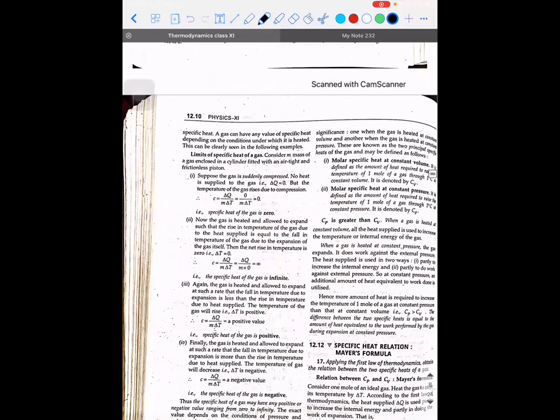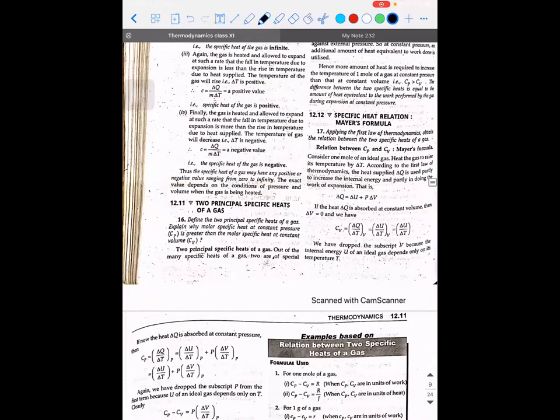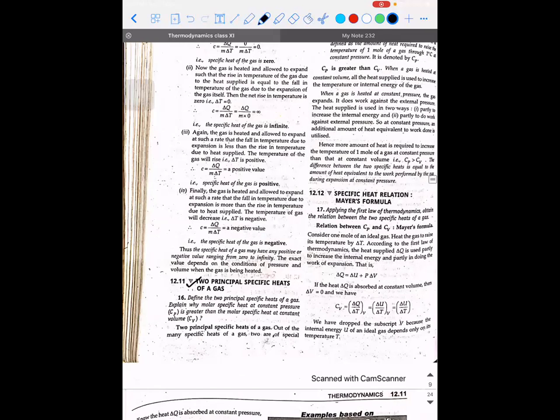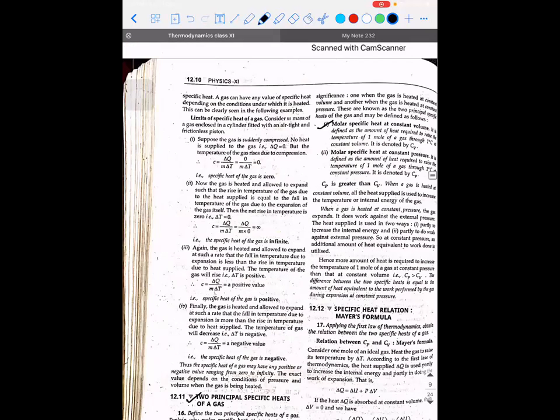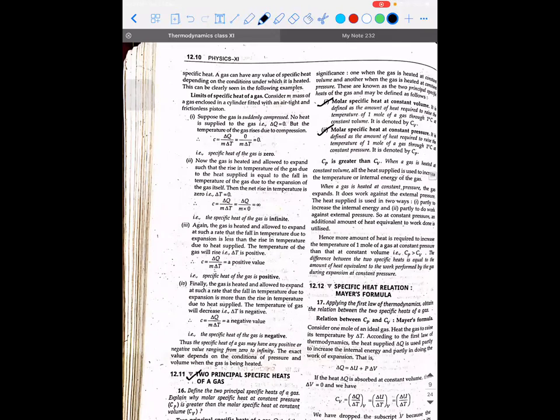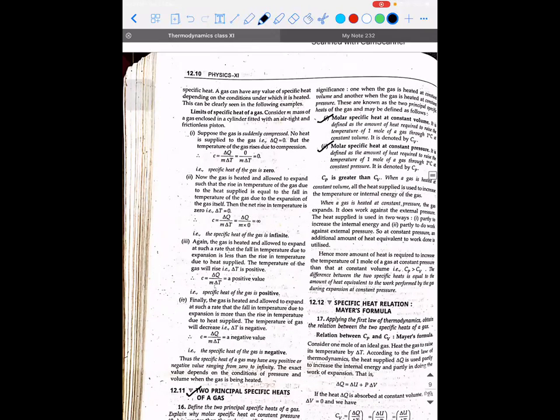There are two important specific heats of gas. One is called the molar specific heat of gas at constant volume, and the other is the molar specific heat of gas at constant pressure. So let's look at the values. What is the molar specific heat at constant volume? It is defined as the amount of heat required to raise the temperature of 1 mole of a gas through 1 degree Celsius at constant volume.